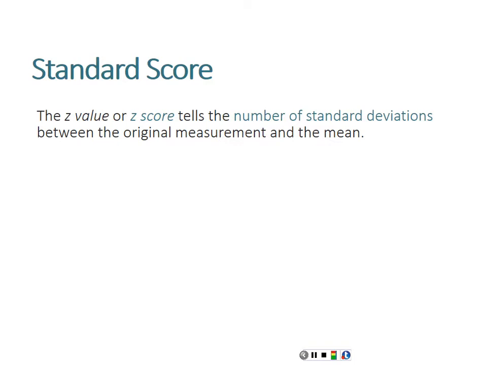The z-value, or z-score, that tells the number of standard deviations between the original measurement and the mean is called a standard score. The z-value is in what is called standard units. Okay? It's called standard units.